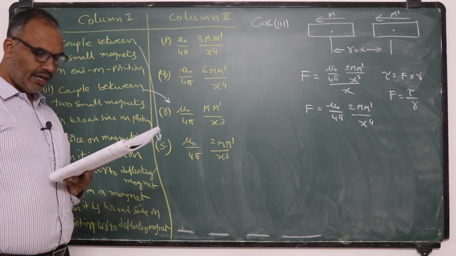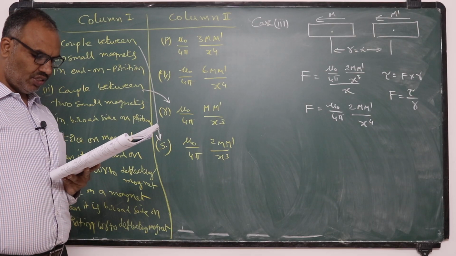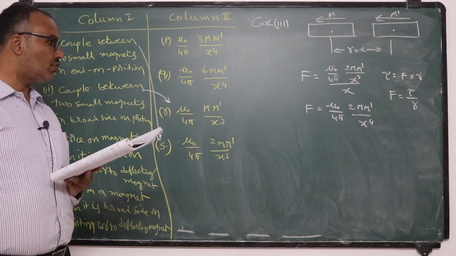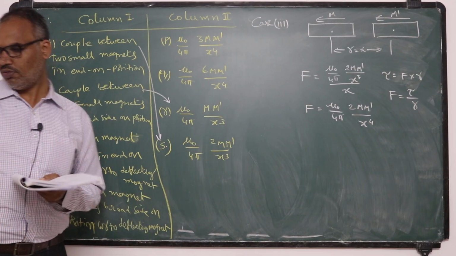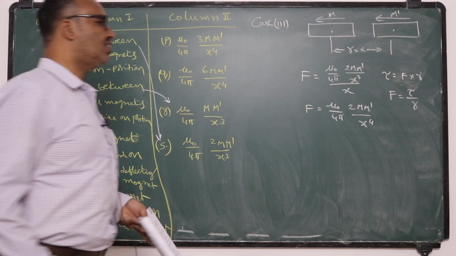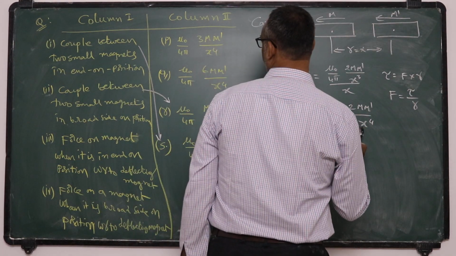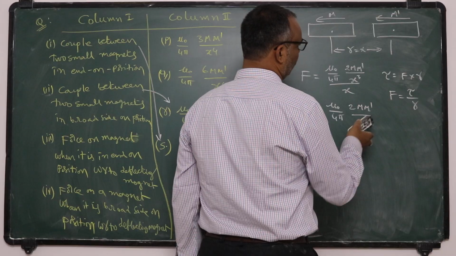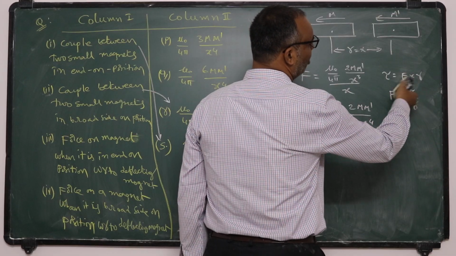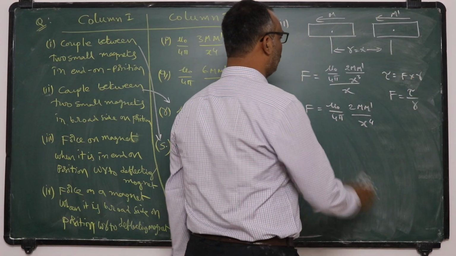We already calculated during the theory session. Once you go through that derivation by integration method, we should not do like this. In this case, you can take the angle between them into consideration. So we should not do like this.